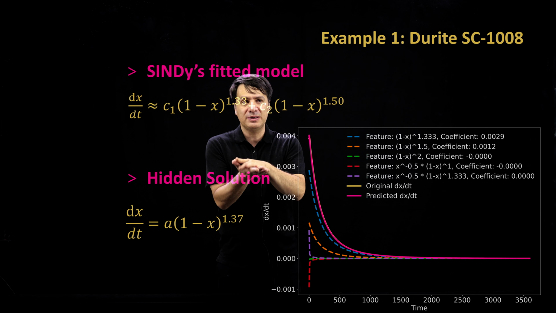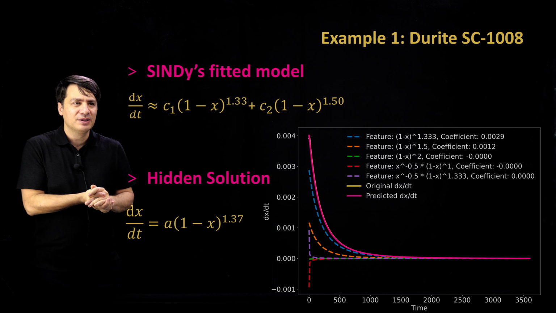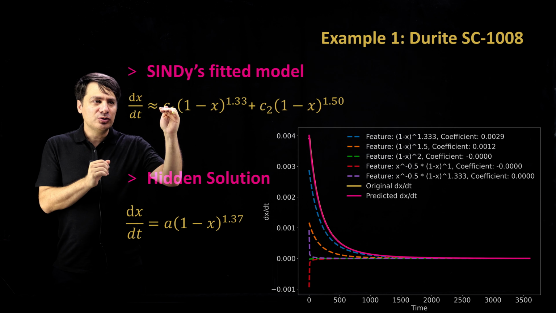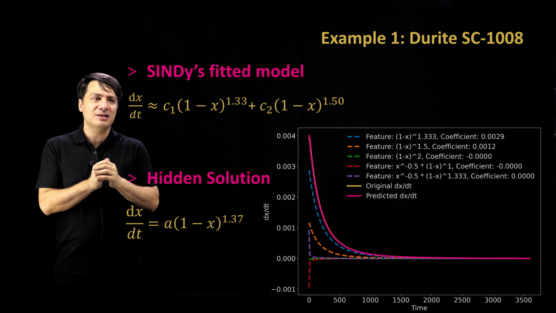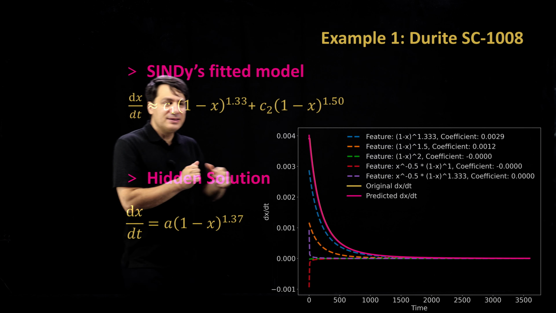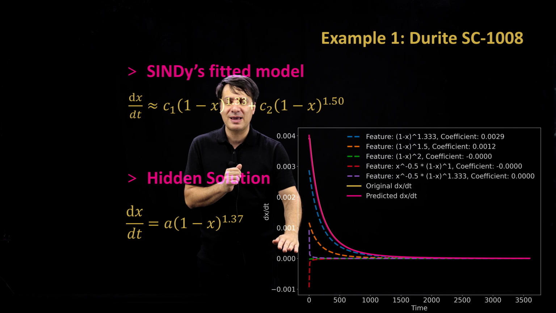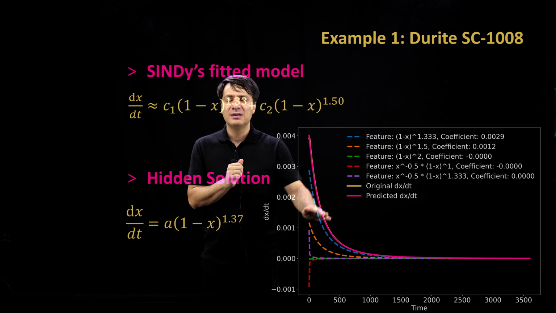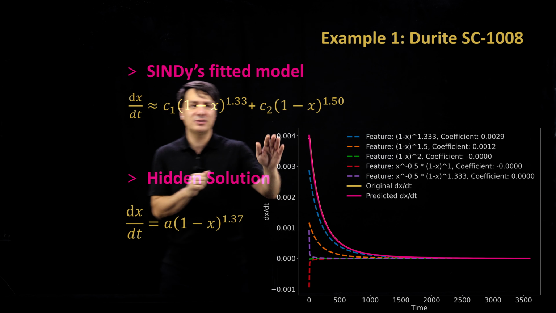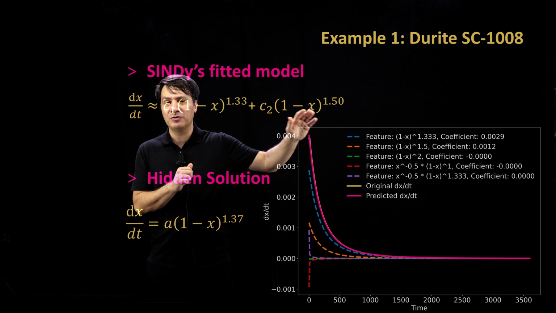They're completely superposed. You can't see the difference because we have almost 100% accuracy. And then it shows you some of the functions from the library and the coefficients that it got from those. So putting aside some of the ones that have very low coefficients, there are 2 functions that have high coefficients, and these are 1 minus x to the power 1.3 and 1 minus x to the power 1.5.